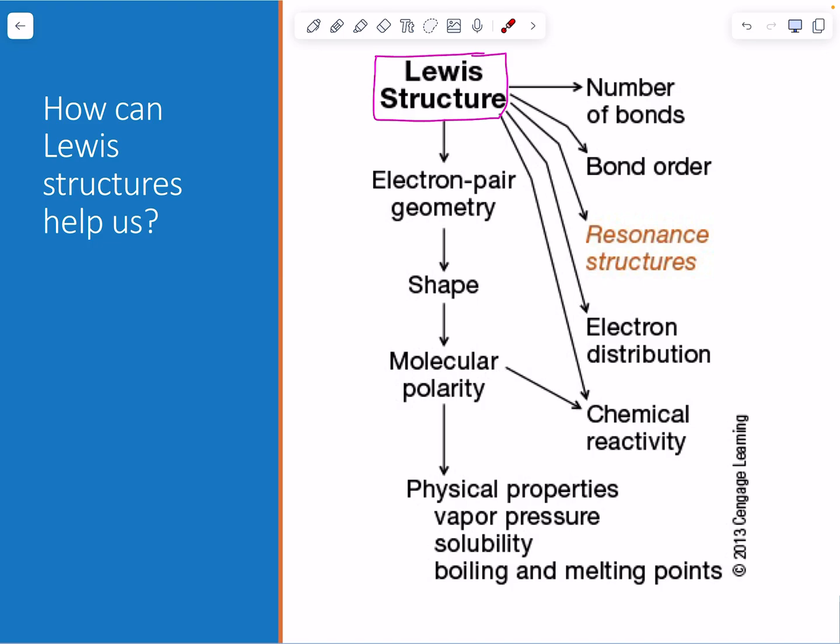The electron pair geometry is going to tell us about shape. And that shape is going to have an influence on something called molecular polarity. So does the molecule act like a neutral thing, or is one end positively charged and one end negatively charged?